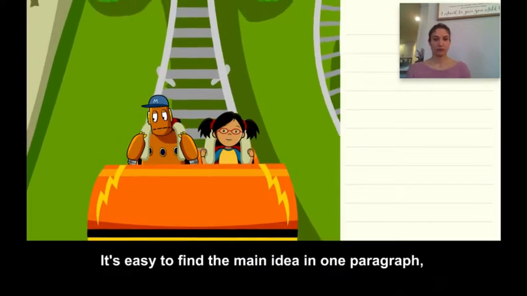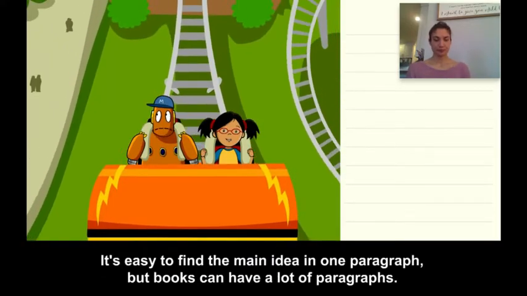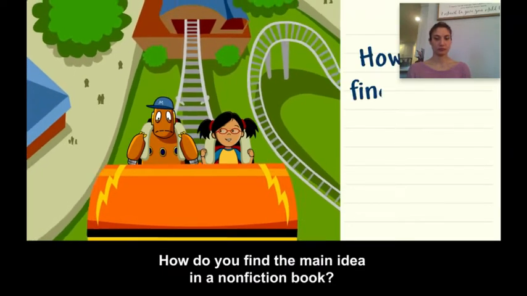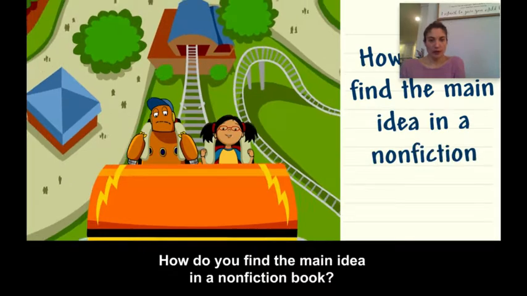It's easy to find the main idea in one paragraph, but books can have a lot of paragraphs. How do you find the main idea in a nonfiction book?